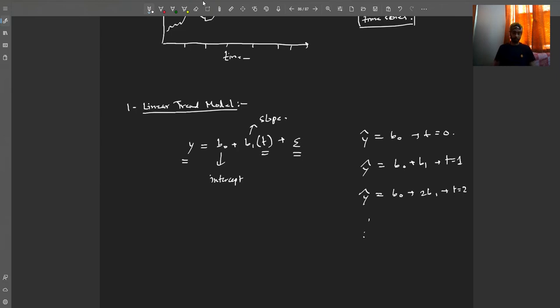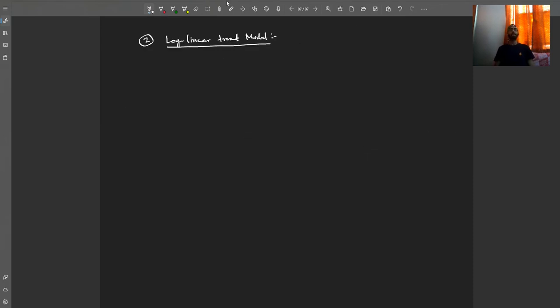The second model we'll look at is a log linear trend model. Let's see how that looks. Let's say the dependent variable y varies exponentially with respect to time. So y is equal to e to the power b0 plus b1 into t. This is, let's say, the equation.